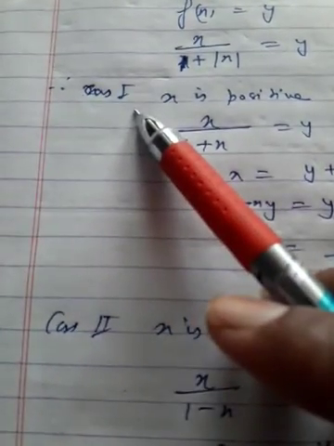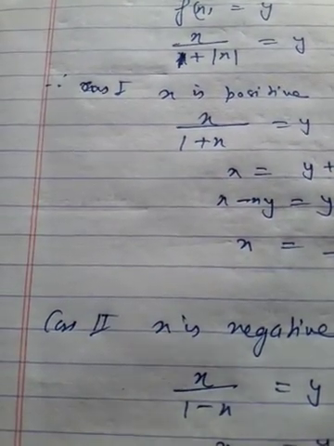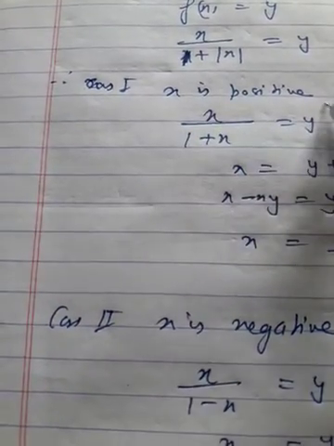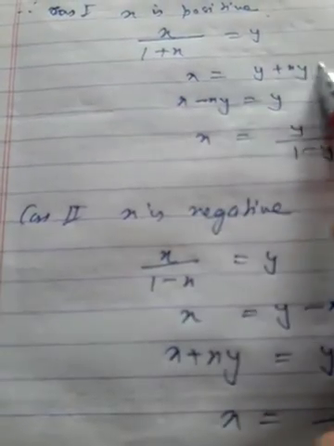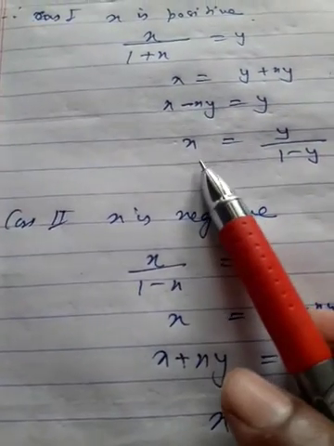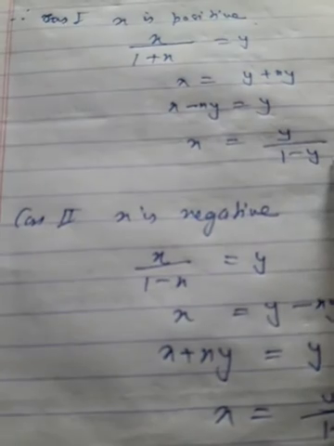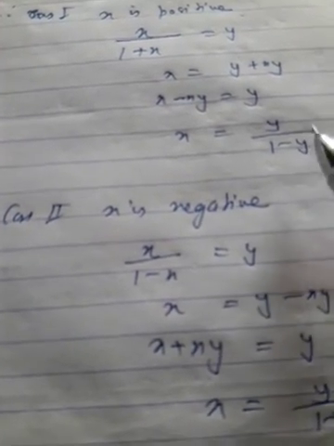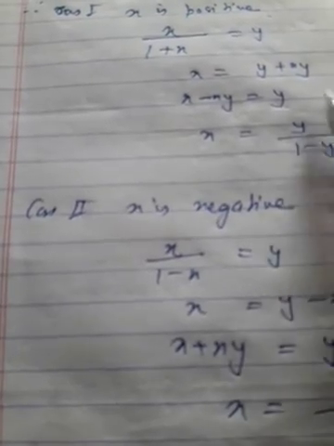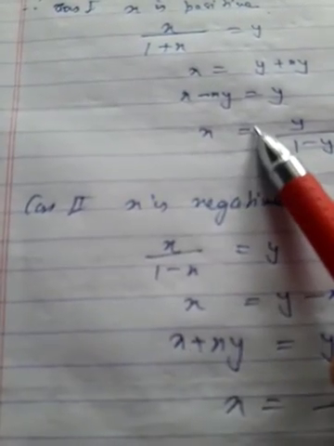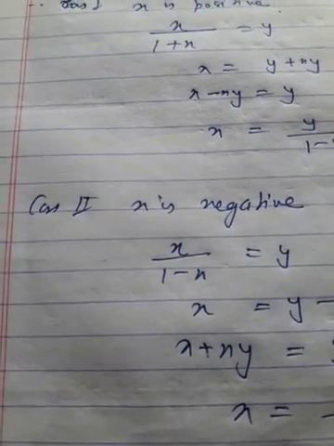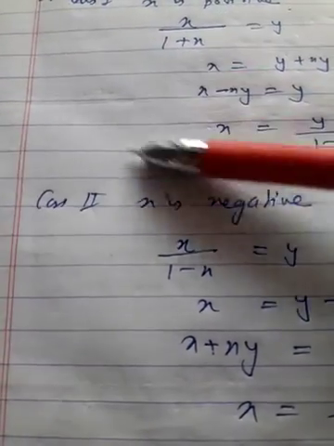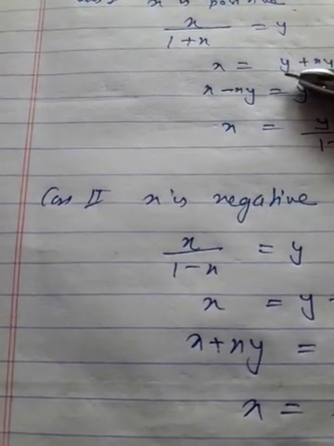So in the first case we take x as positive. So x upon 1 plus x equals y, and after simplification we get x equals y upon 1 minus y. Now if y belongs in between -1 to 1, then x will always be a real number. So that is the domain of f. Hence in this case this function is an onto function.